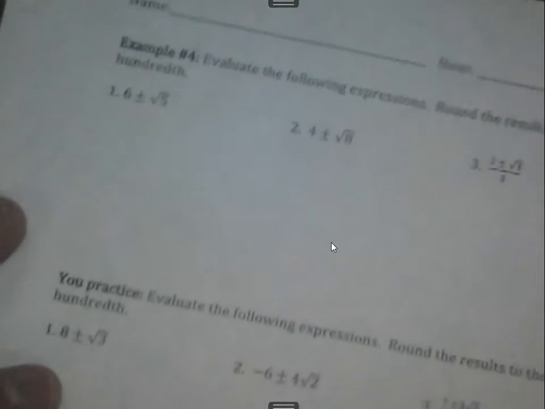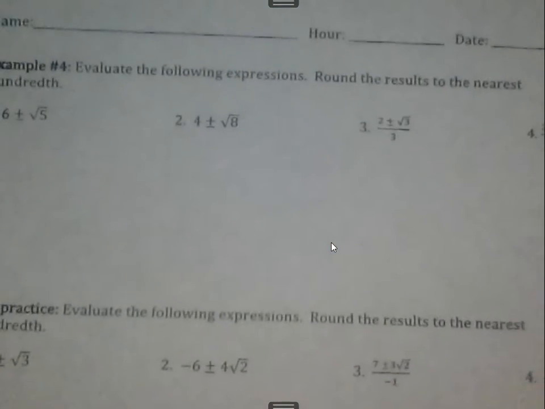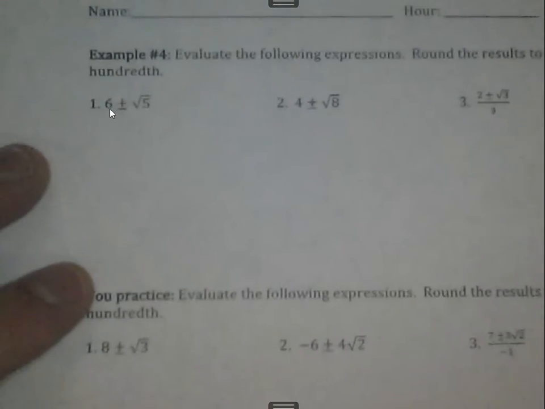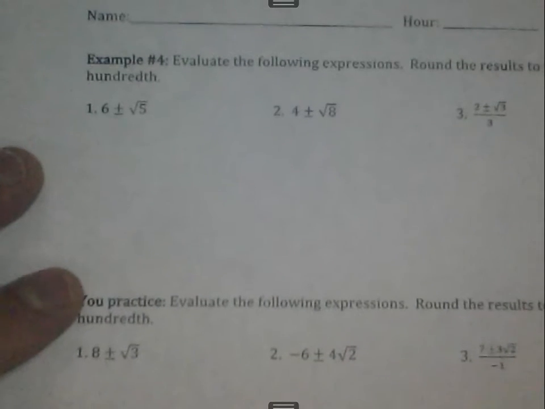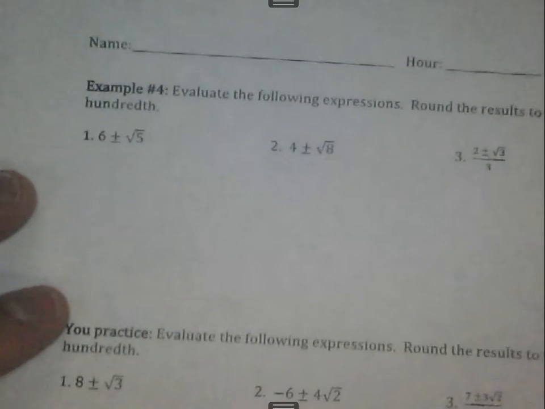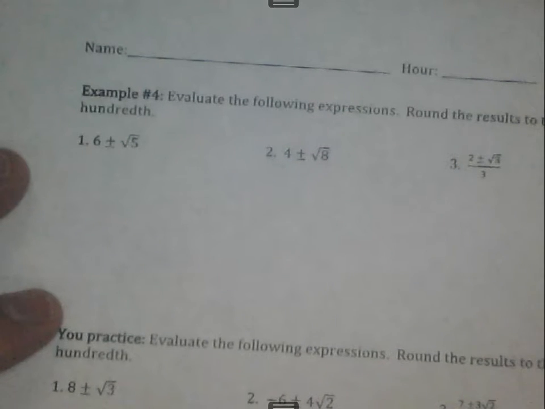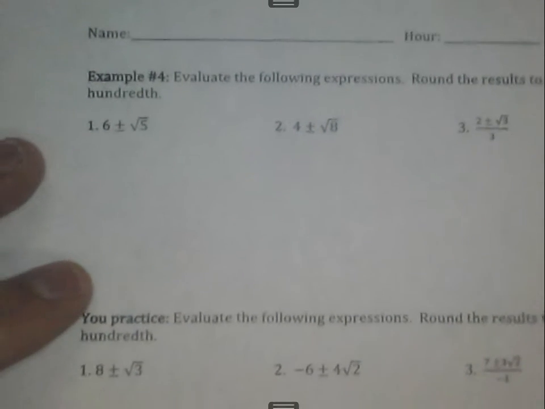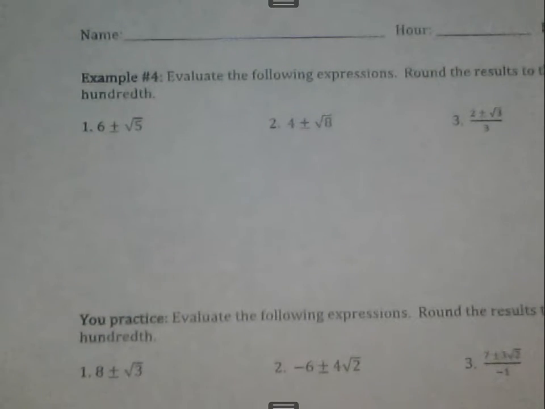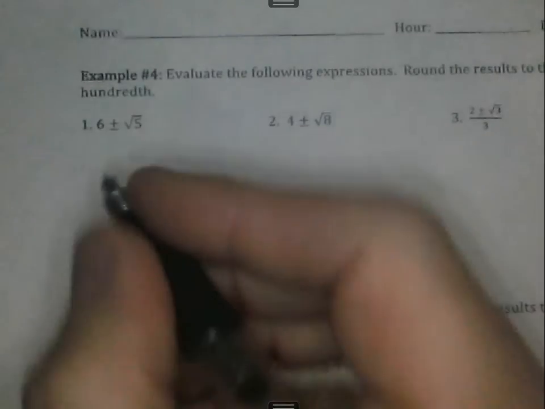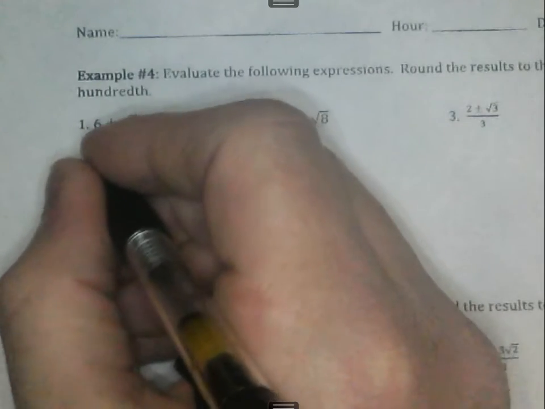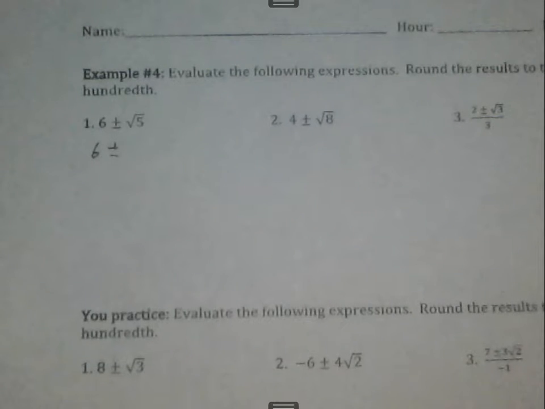On the last page, we have some other examples. On these, we want to make sure that you understand this plus or minus sign. We're going to evaluate the following expression and round the answer to the nearest hundredth. If I do the square root of 6 plus or minus the square root of 5, I have to know what the square root of 5 is.